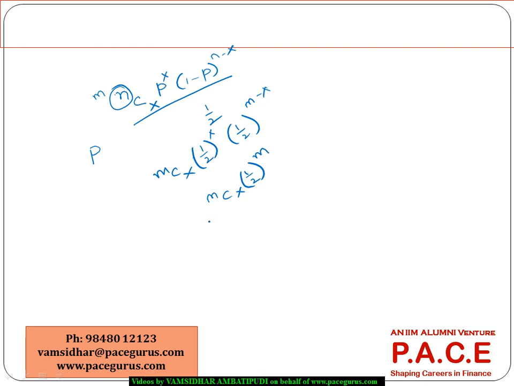So what we are trying to say is, now from, let's say, x equal to 0, for p of x equal to 0, this becomes mC0 into half power m. P of x equal to 1, this becomes mC1 into half power m.